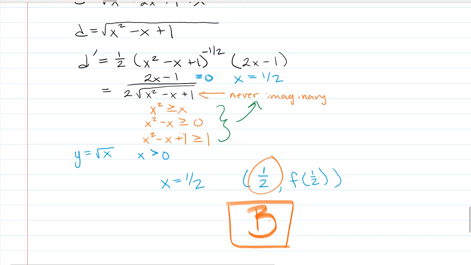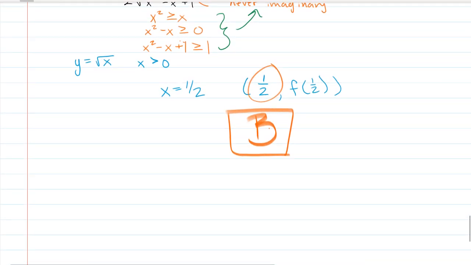Oh, well, getting the coordinates is you take x equals 1/2, and then y equals the square root of 1/2, which is equal to the square root of 1 over the square root of 2, which is equal to 1 over the square root of 2.